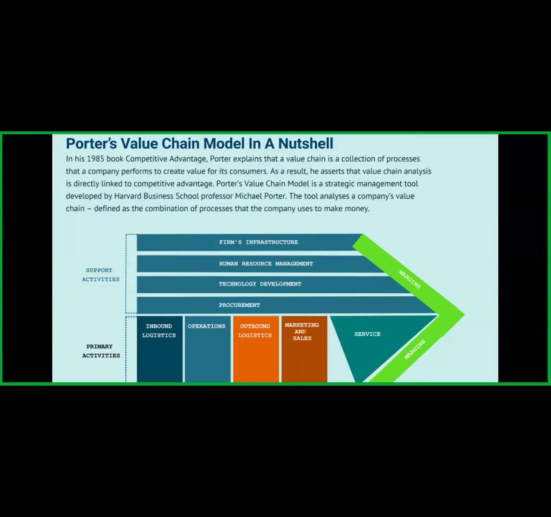So by analyzing these activities, we check whether our support activities are supporting the primary activities, and if they are supporting, at what level, 100% or 90%. How will we come to know that our support activities are supporting our primary activities 100%? When the output is more than the input.